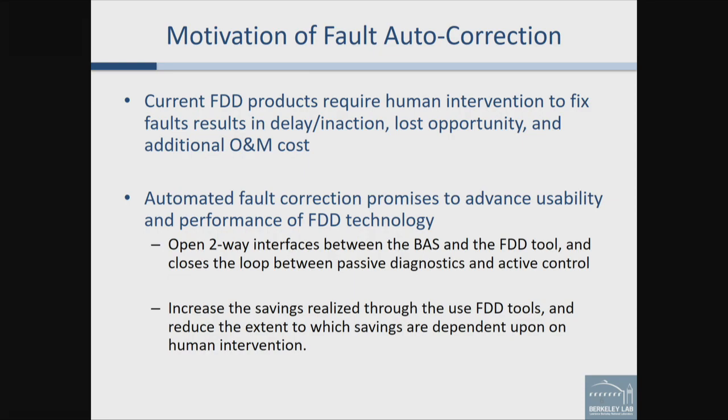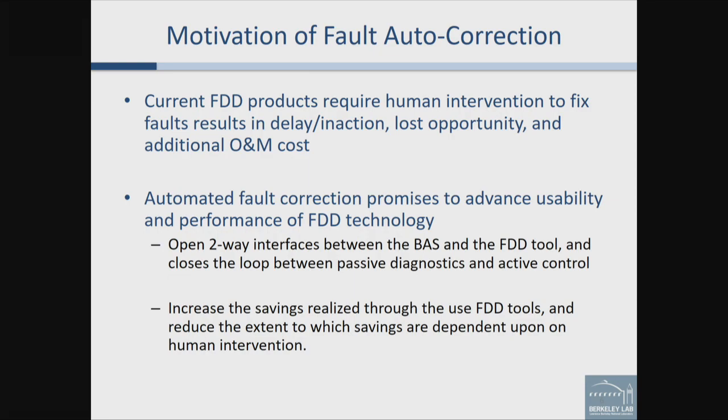So we are wondering, okay, what if this fix can be done automatically? So you do not need to hire a contractor to do the fixing, but these efficiency measures can be done with your FDD tools. Once you identify faults, you say, okay, it looks like a real fault, I would like to fix it, and you click a button, boom.